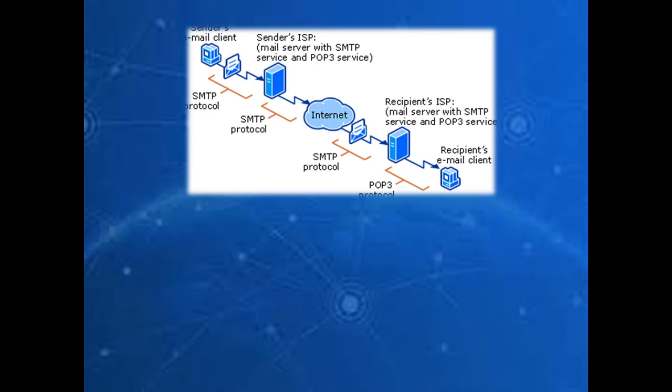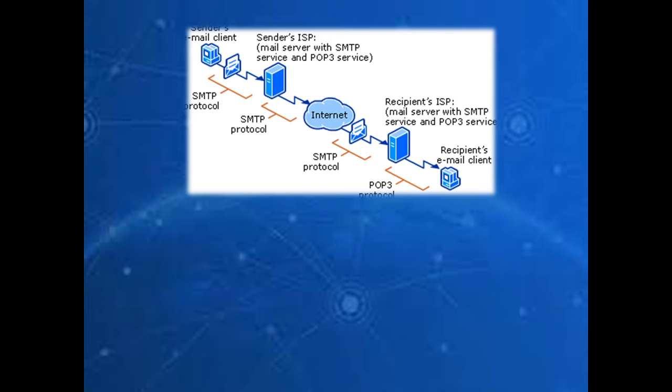POP is the Post Office Protocol, where we are sending and receiving messages, so the name has been given like that. The third one is the IMAP protocol. IMAP stands for Internet Message Access Protocol.